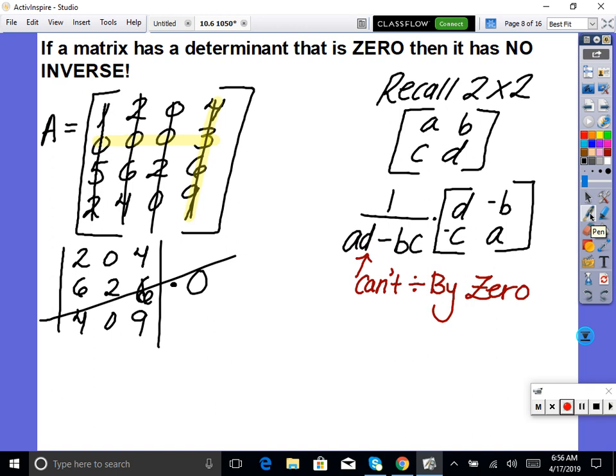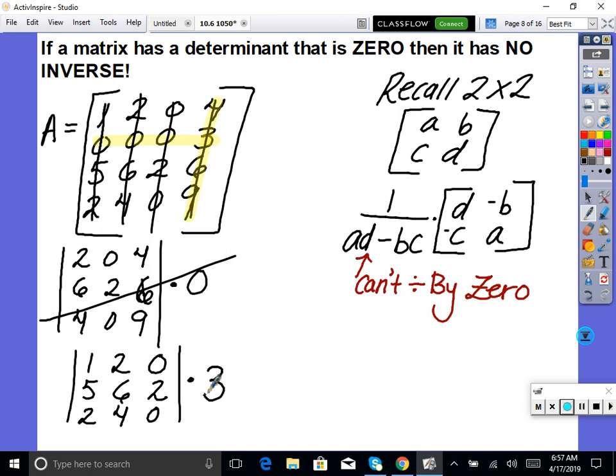So now we're going to write in our determinant. So that'll be 1, 2, 0. 1, 2, 0. Then we have a 5, a 6, a 2. Then a 2, a 4, a 0. Then we're going to times that by 3 times by -1 to the what power?